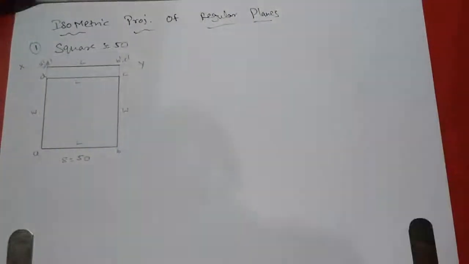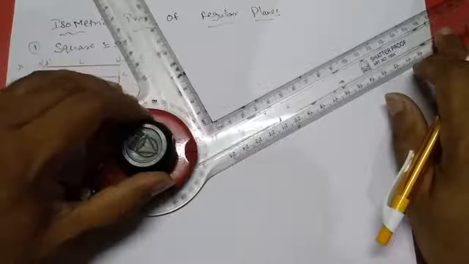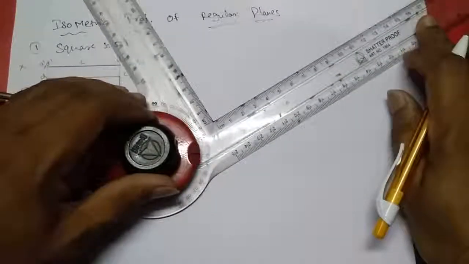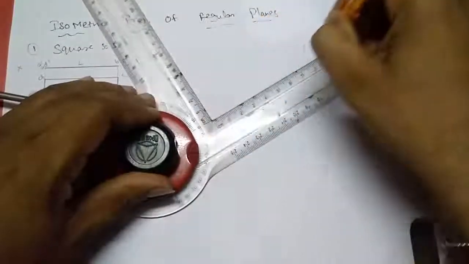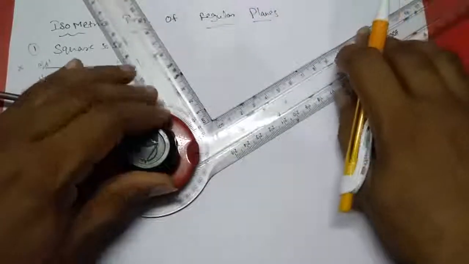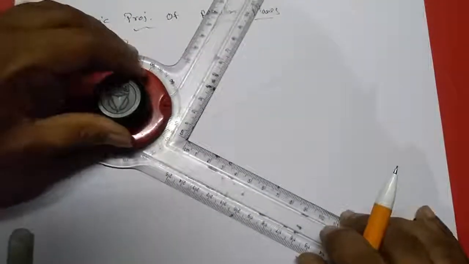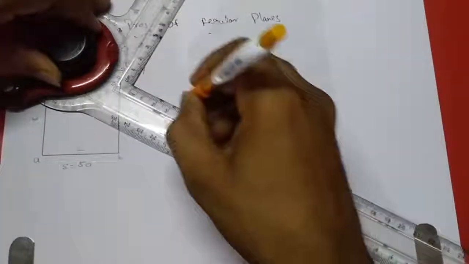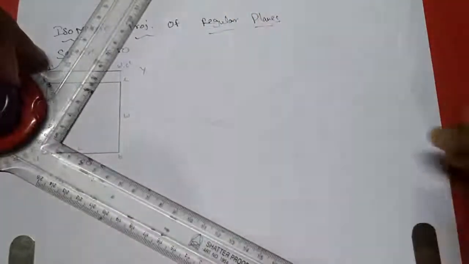Coming to isometric, we have to draw the 120 degrees line, right? I'm making 30 degrees in this manner, and in this manner. This will be the height.